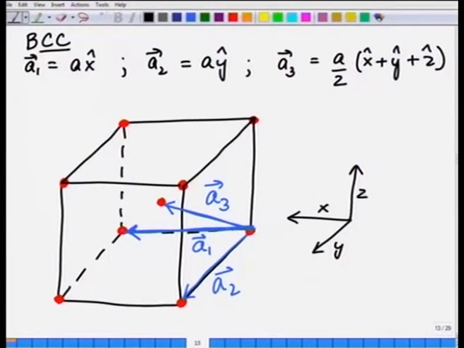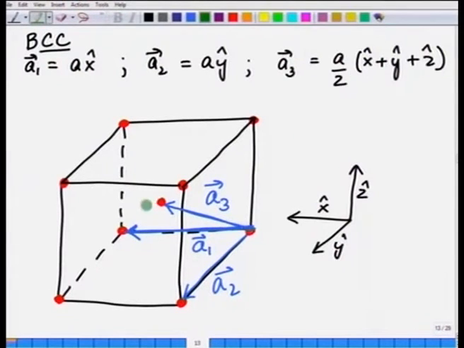Then remember, what is A1? A1 is a times the x direction. So, I am choosing this as A1, and A2 is in the y direction. So, I am choosing this as A2, and then the third, the body center point, is selected as the A3 vector, which is this vector.